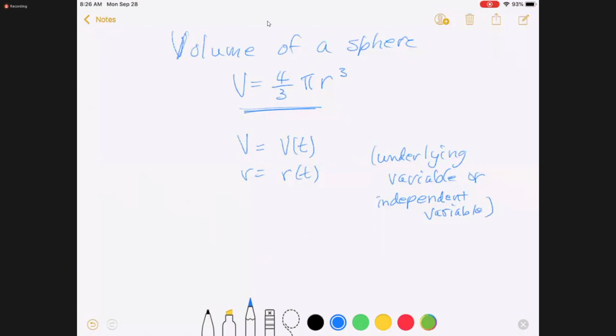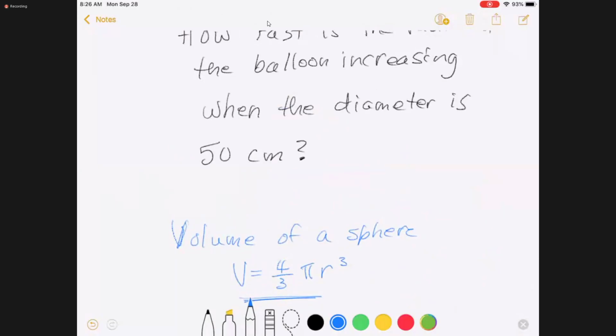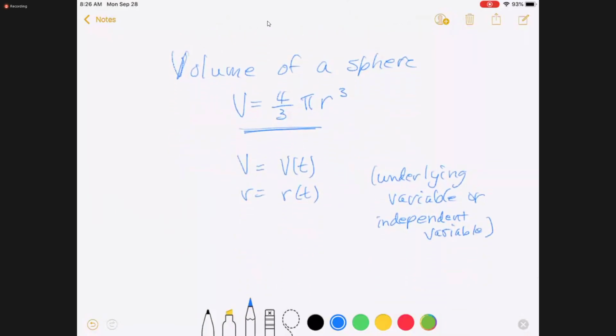Sometimes a quantity is constant and you can put that in, but okay, this 50 centimeters happens at one moment in time. And that's diameter, so the radius would be 25 centimeters. If I put that in now for r, I would change volume to a constant, and it's not. Okay, so now I need to differentiate.